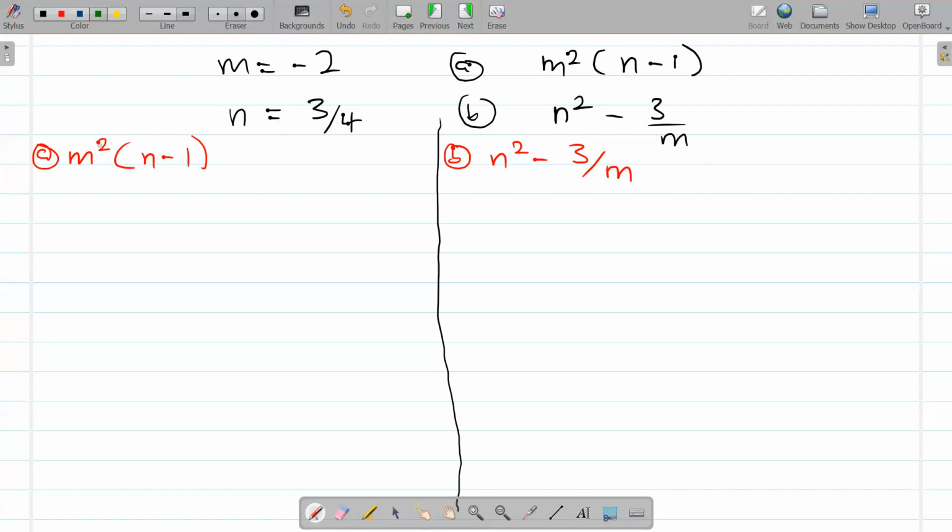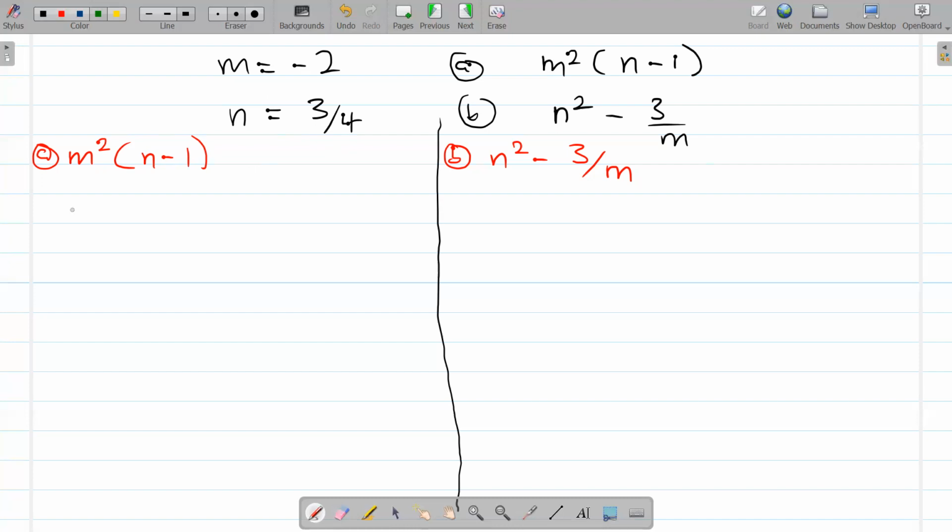Watch here. We are looking at M squared, right? So we put the value of minus 2 wherever we find M, and we put the value of 3 over 4 wherever we find N. We are substituting into the formula given. So M is what? Minus 2.